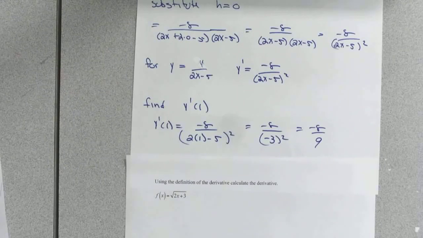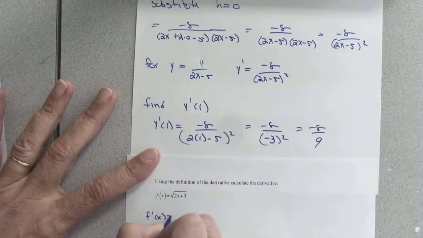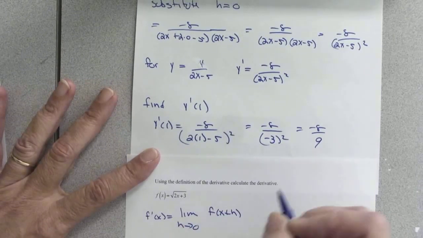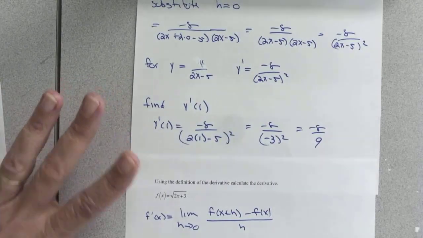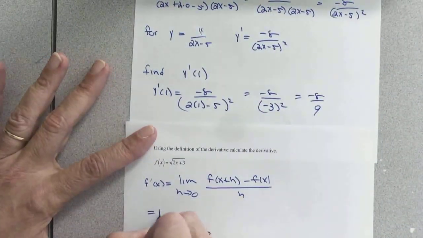Just using the definition of the derivative, calculate the derivative. So f prime of x is going to be the limit as h goes to 0 of f of x plus h minus f of x all over h. And we just start working that out again.